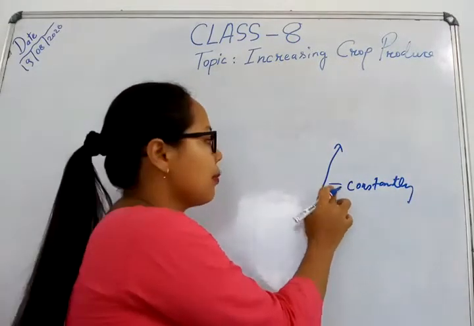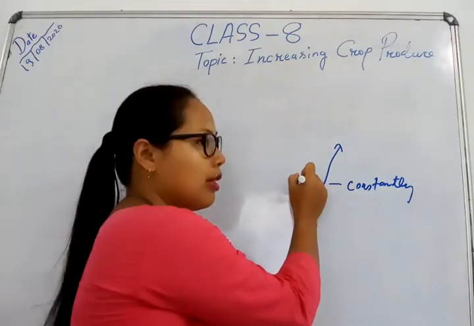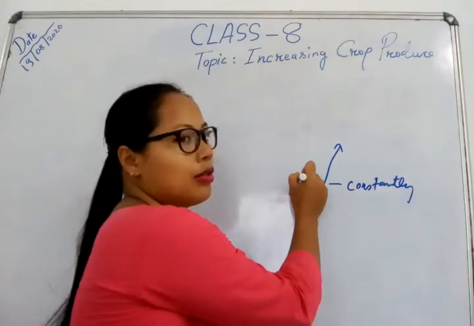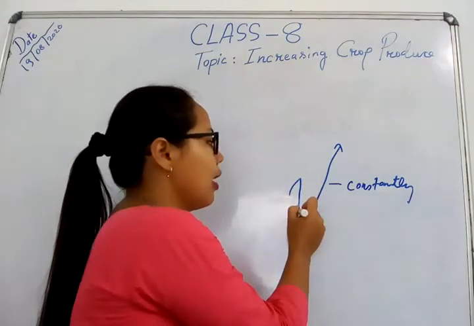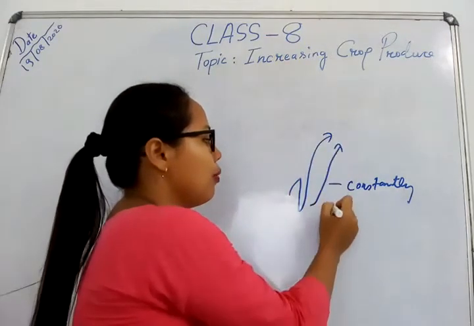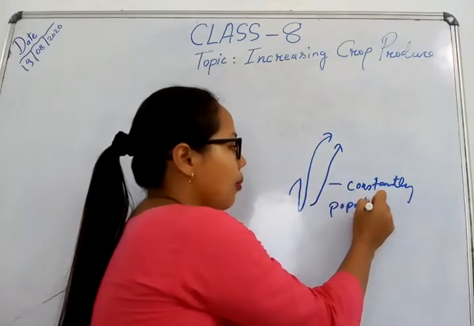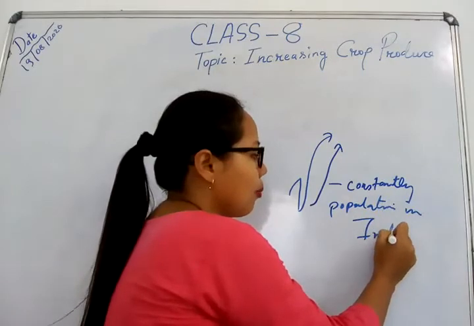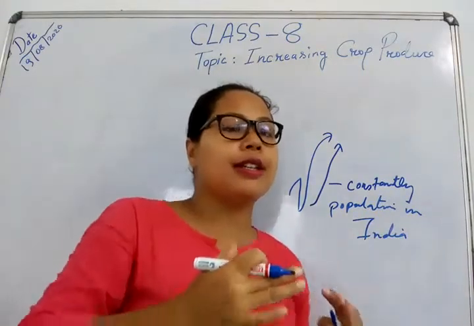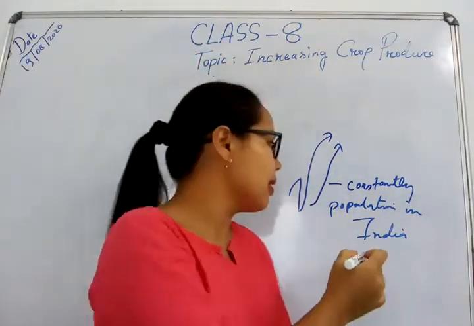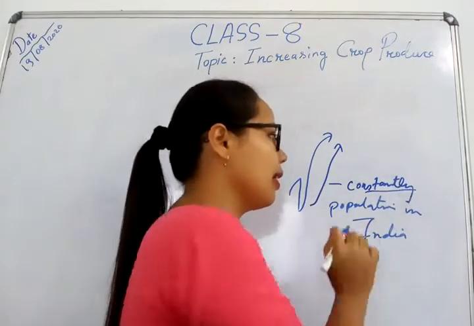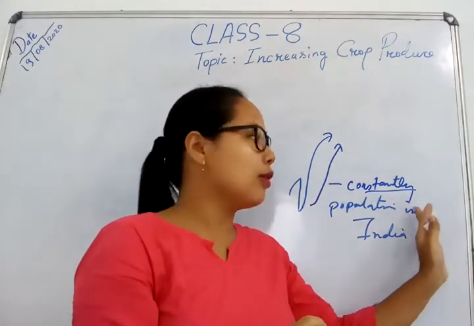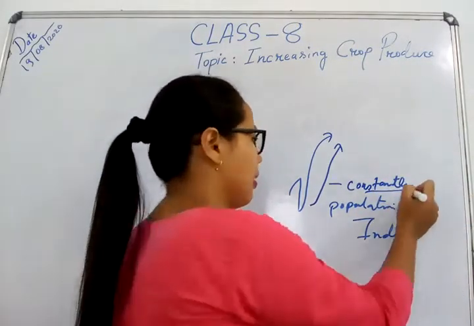Meaning, it doesn't stop somewhere. It will not grow this year and then decline again next year like this. No, it's growing constantly. Our population in India is increasing constantly. And imagine, when I say constantly, the food requirement is also increasing, isn't it?